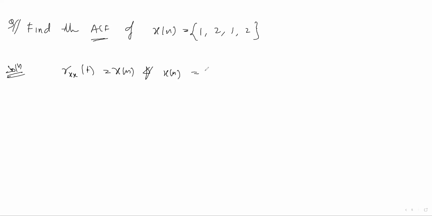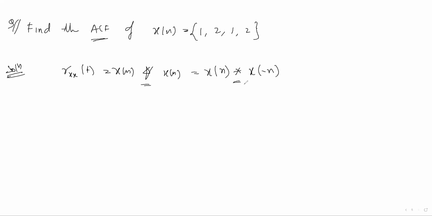Okay, then we can equate. The convolution between these two signals, one is the original signal, another is the folded signal, is similar to the correlation. Okay, this is not t. Sorry, we are discussing about discrete time signal. That's why we have put n: x of n correlation of x of minus n. Okay, this is the relation between correlation and convolution.